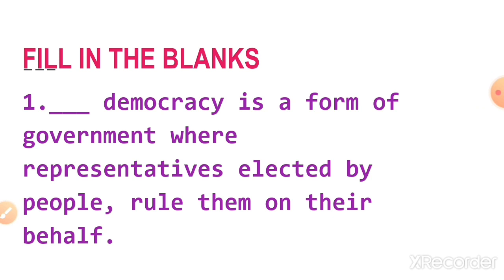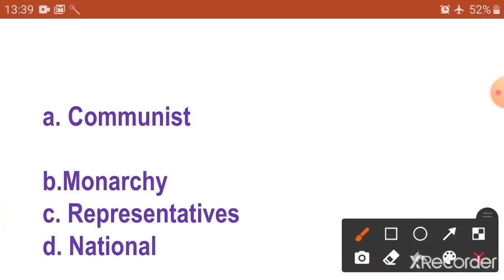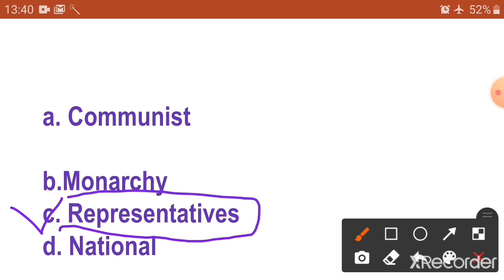The options are A. Communist, B. Monarchy, C. Representatives, and D. National. What is the right answer? It is option C, representatives. Representative democracy. We'll move on to the next one.